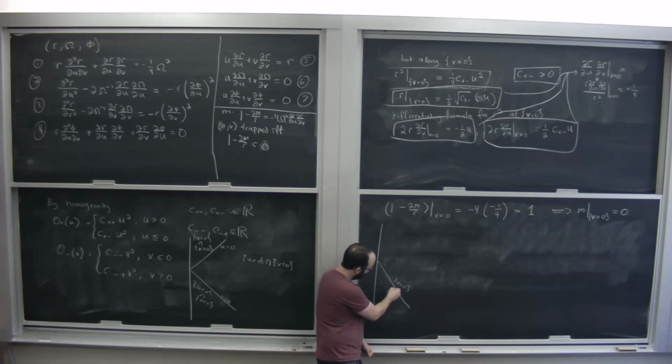And remember, if it vanishes there, it tells you that you draw something here and you have to be flat in that region. But of course, it vanishes on this whole thing, so I could do that everywhere.